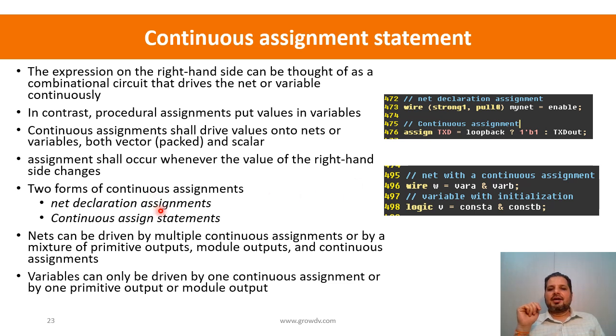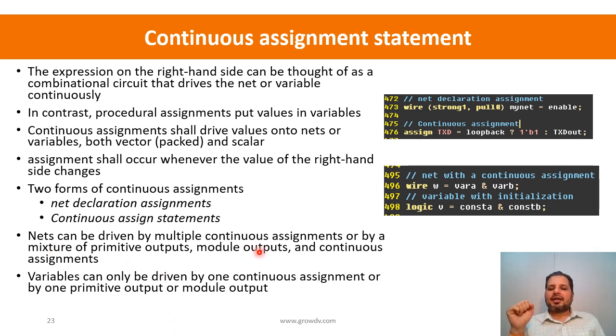Another is I can create a continuous assign statement by explicitly calling assign. So at the top you can do a wire declaration, and because of the wire, when you do this initialization, it implicitly becomes a continuous assignment statement, or you can use the assign keyword and still initiate a continuous assignment statement. And as we saw, the continuous assignment statement can be done on both the variable as well as on the net data type.